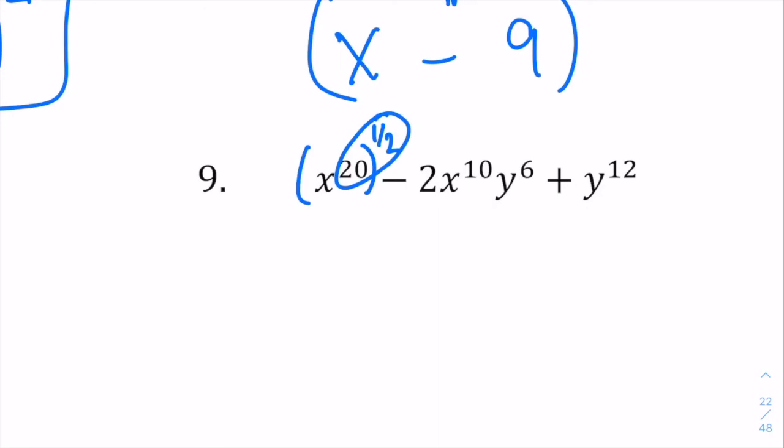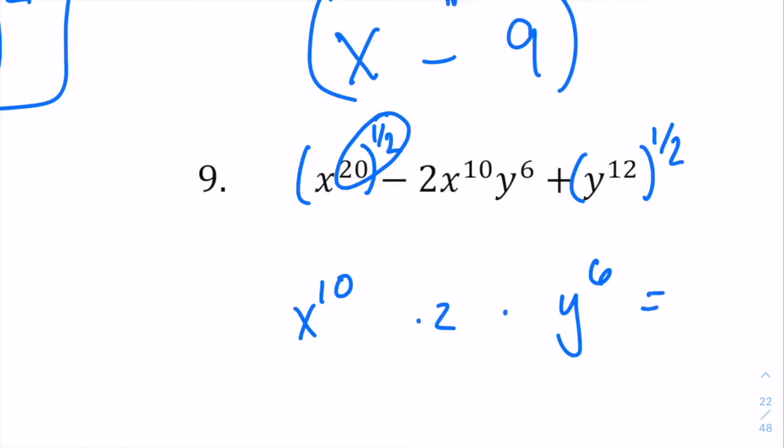So 20 times a half, yeah, that comes out nicely to just 10. And then y to the 12th to the half would be y to the 6th. Okay, so is x to the 10th times 2 times y to the 6th, what does that give us? Well, 2x to the 10th y to the 6th, and that is our middle term.